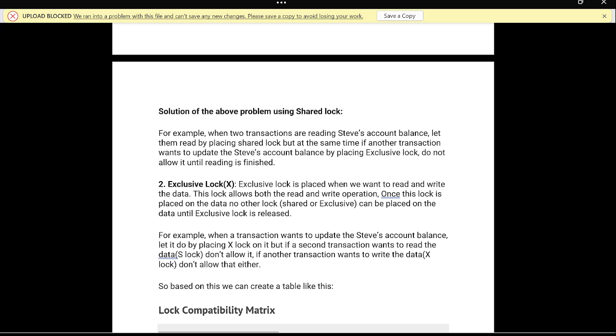But at the same time, if another transaction wants to update his bank balance, it is not allowed, because we are reading Steve's account balance under a shared lock. When a shared lock is in action, no exclusive lock should appear in that particular transaction. This is a condition which we are going to apply, because if we apply this, most of the problems are going to be resolved.